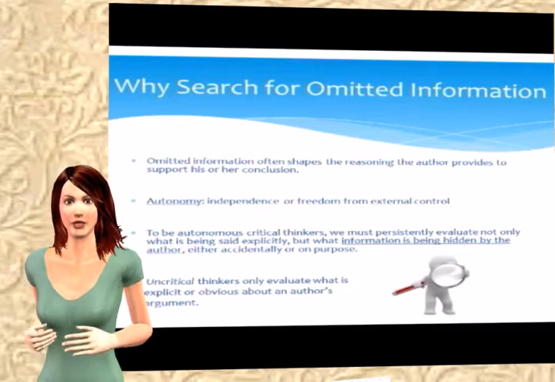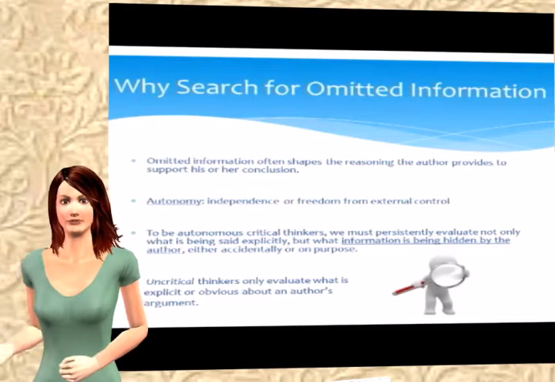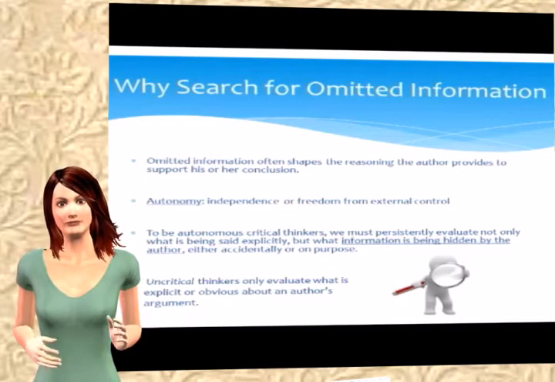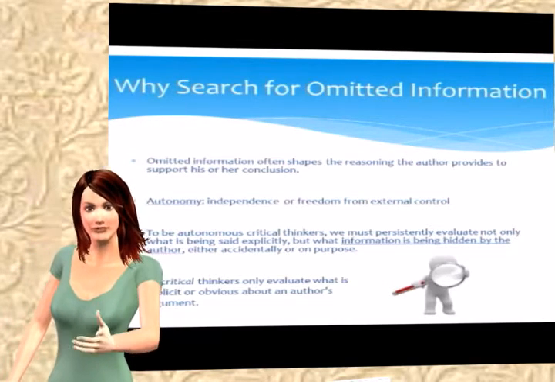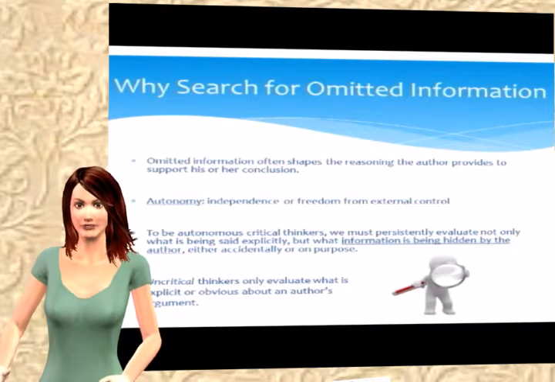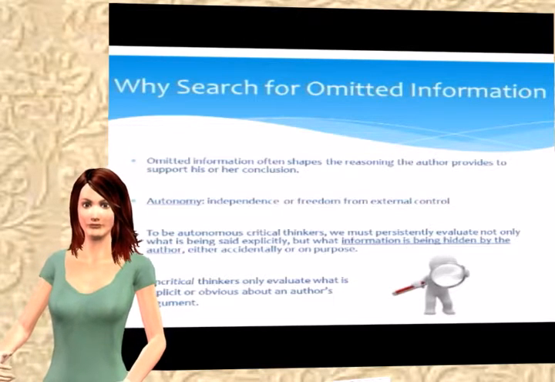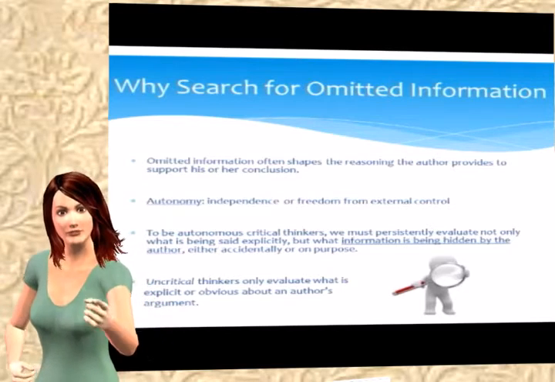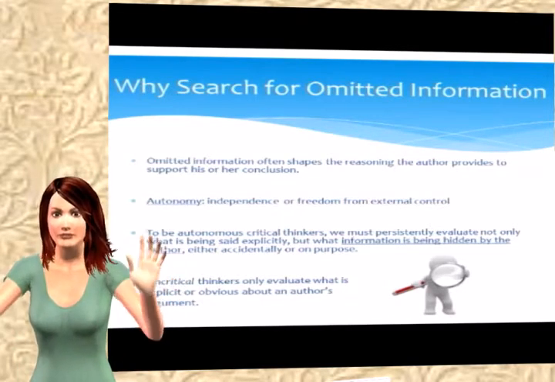Think all the way back to the very beginning of the semester where we talked about the key attitudes and key characteristics of a critical thinker. One of those, if you'll recall, was autonomy, or independence or freedom from external control. And to really be autonomous critical thinkers, we have to persistently evaluate not only what is being said explicitly, but what information is being hidden by the author, either accidentally, unintentionally, or, as the case often is, on purpose.